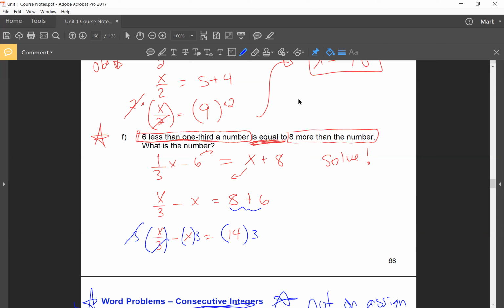So x minus 3x equals, what's this, 42? Okay, so negative 2x equals 42. And I divide both sides by negative 2. So x is negative, what's that, 21?